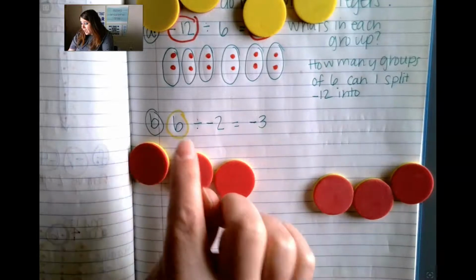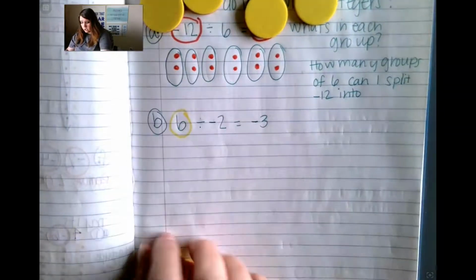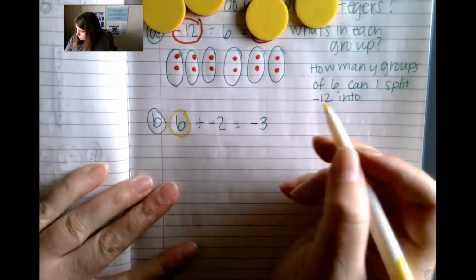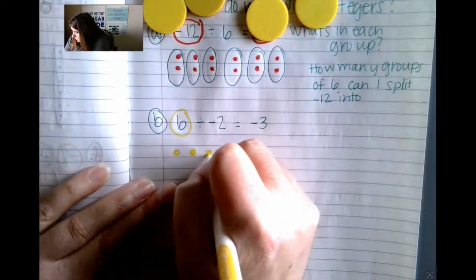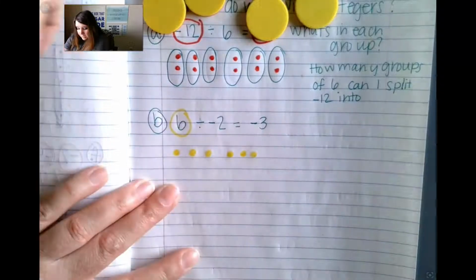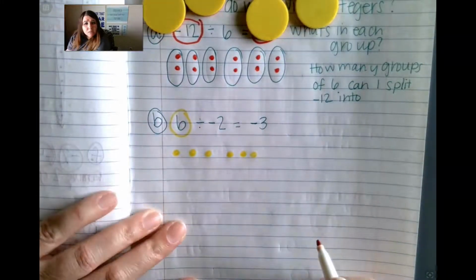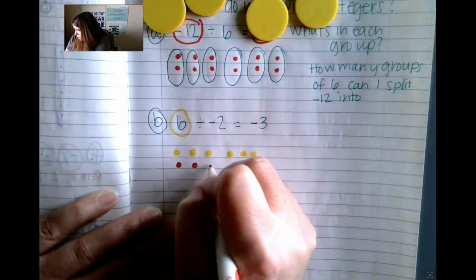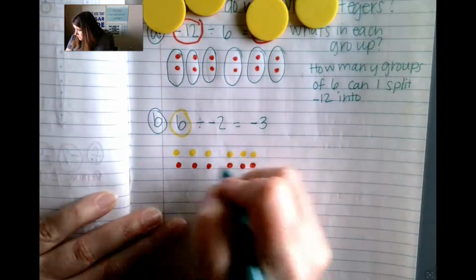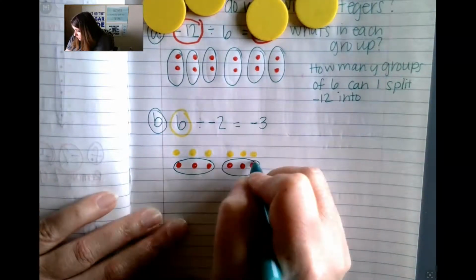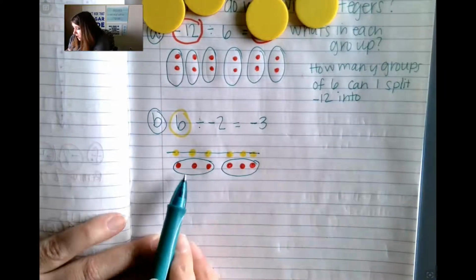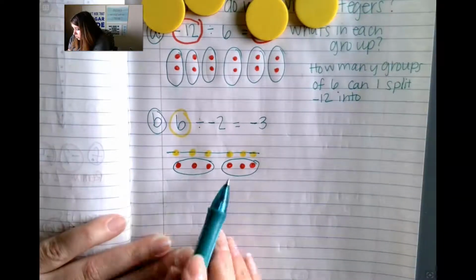Let's show it to you in positives. Here's my +6, and I need to split it into 2 groups of negatives. Well, I don't have any negatives to split it into, so I'm going to create the possibility, and now I can split my negatives into 2 equal groups. The positives are gone, and I have -3 in each group.